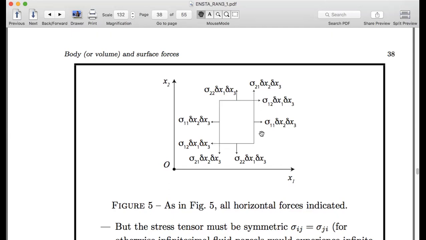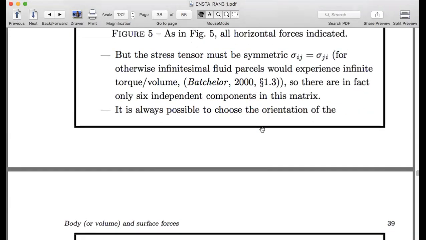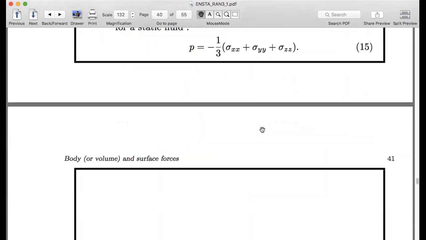But the pressure here of this fluid acting on that fluid on the inside is to push it in the minus x1 direction. That's what a pressure would do. And so we want the sigma 1,1, since it's representing a force in the plus x1 direction, so that's where the minus sign comes from in the pressure.